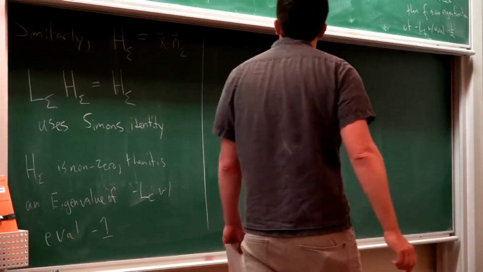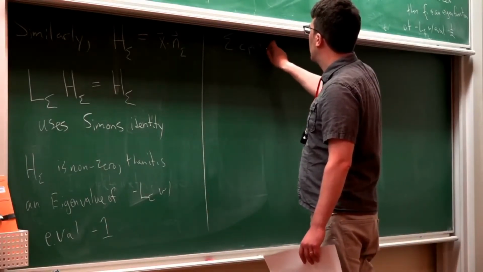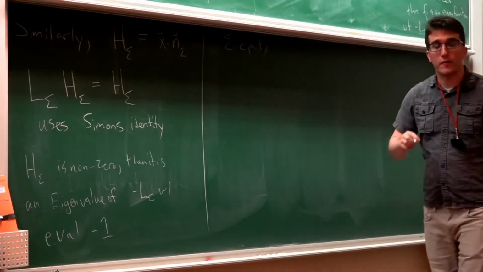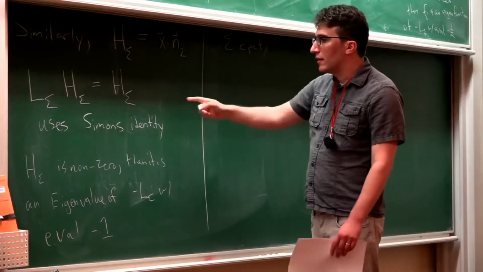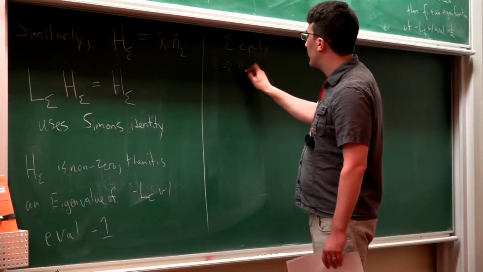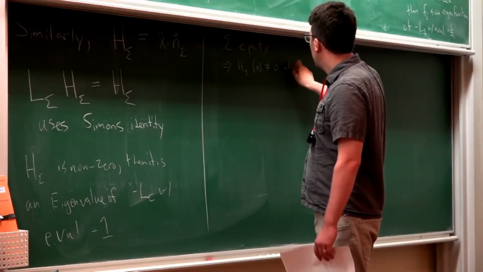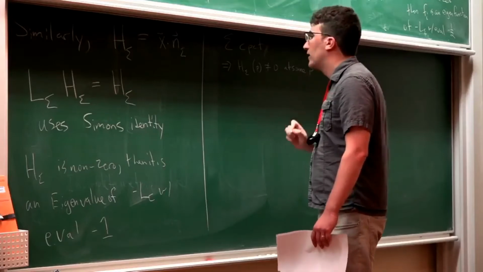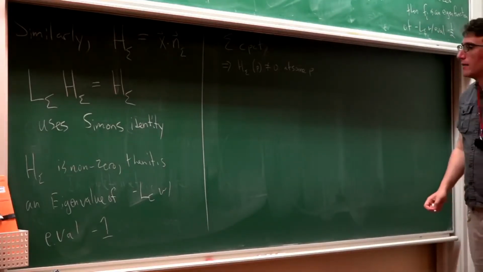So let's suppose sigma is compact, which is the simpler case. No minimal surface is compact, so this implies that H sigma of p is not equal to 0 at some p. So we have an eigenfunction with eigenvalue -1.